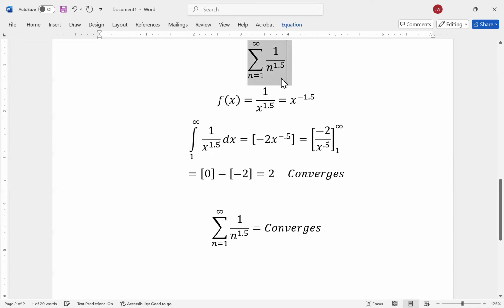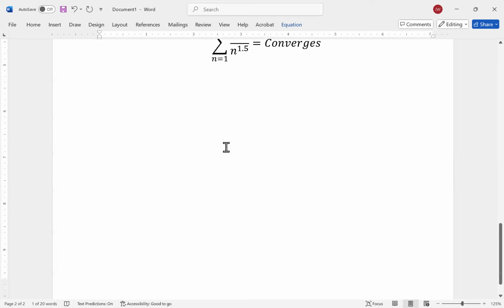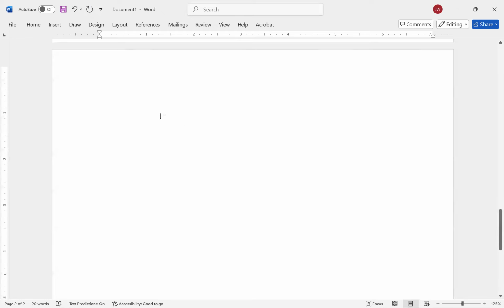Now, that same thing can be done with the next example. The next example, let's go on a new page here, but not erase the first one, is 1 over n to the 0.75. My function would be 1 over x raised to the 0.75 power, or we can think of it as x raised to the negative 0.75 power.